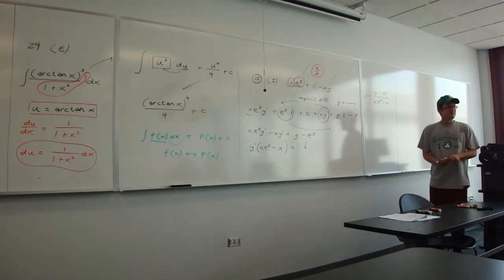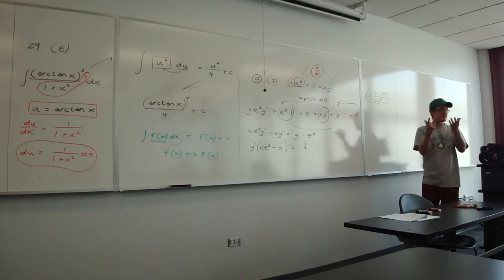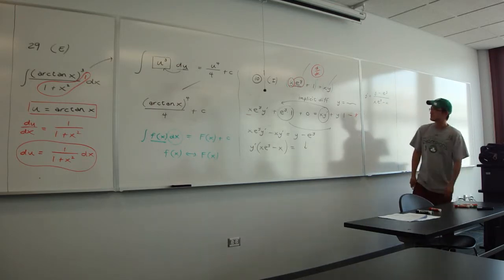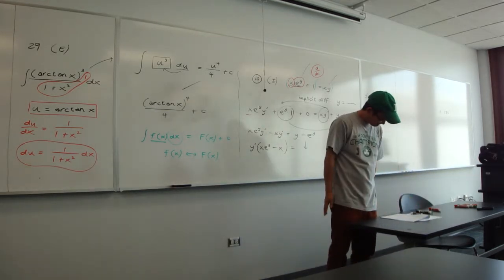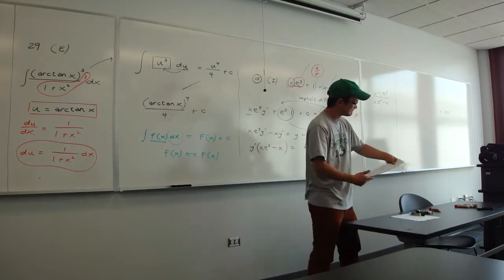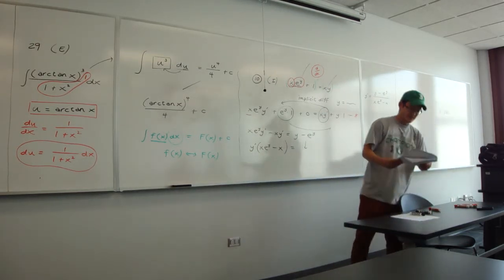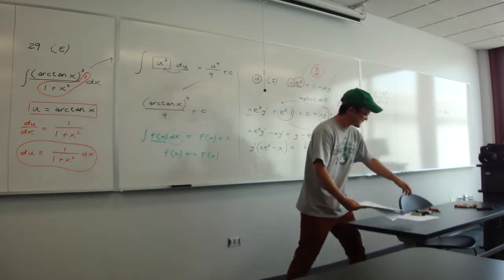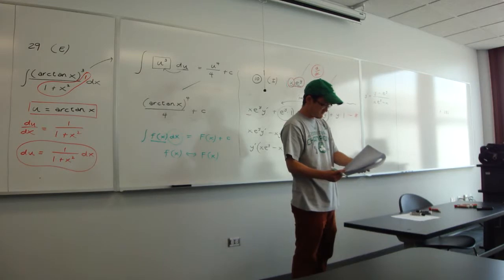Okay. And like is mentioned early on in the notes, often your answer has x's and y's in it together, and you can see that right there. So the other ones, if you guys want to try them, can I find them here?